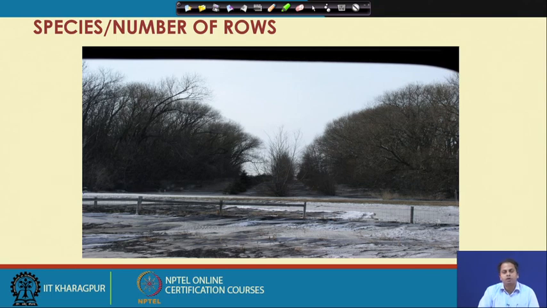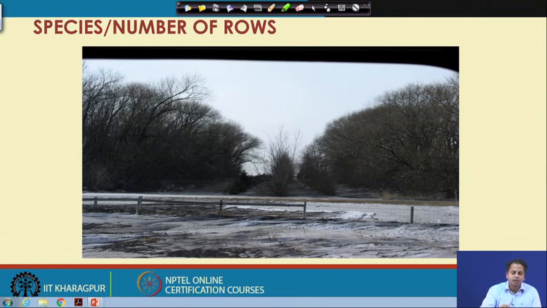Whatever amount of reduction in wind speed, or, let us say, protection from snow or cold wind we want, can be decided by selecting the proper tree species, and then the number of rows. The number of rows sometimes depends on the requirement or space constraint, so you have to decide on the number of rows.